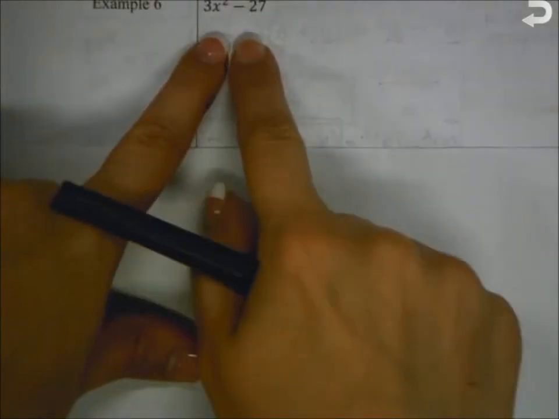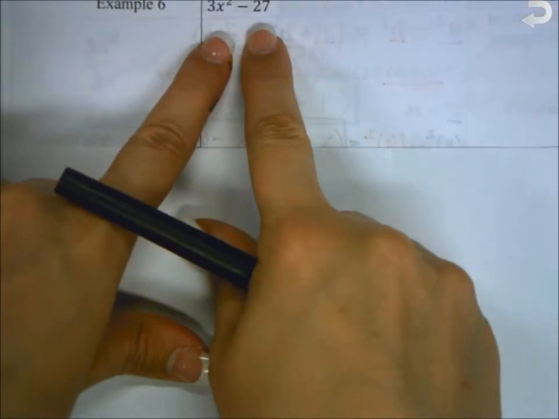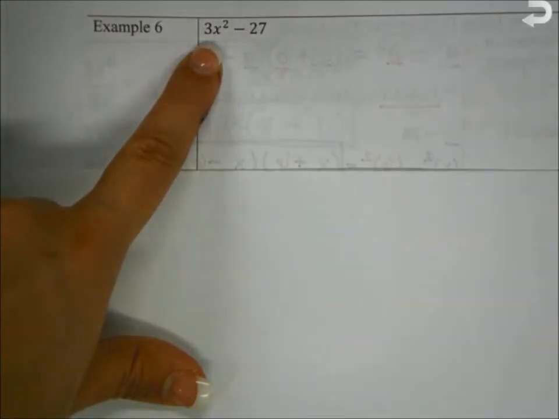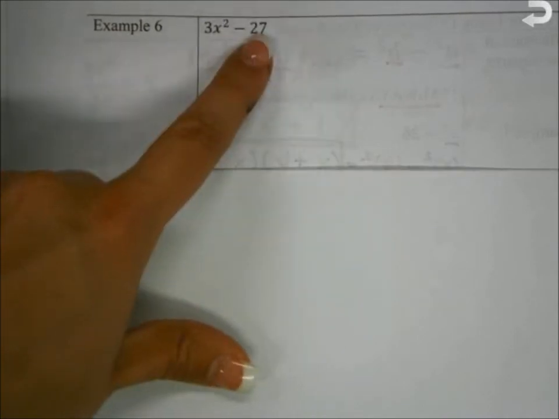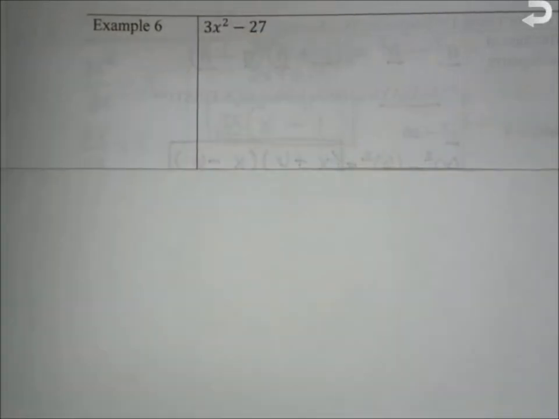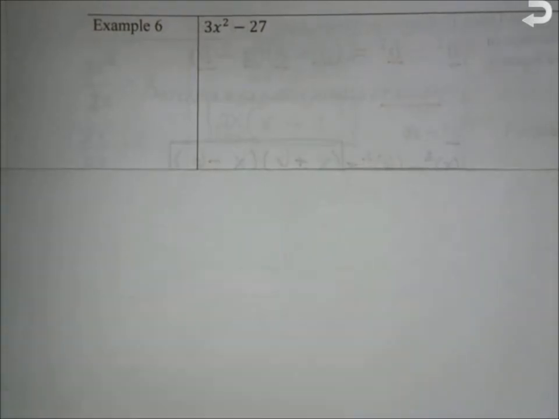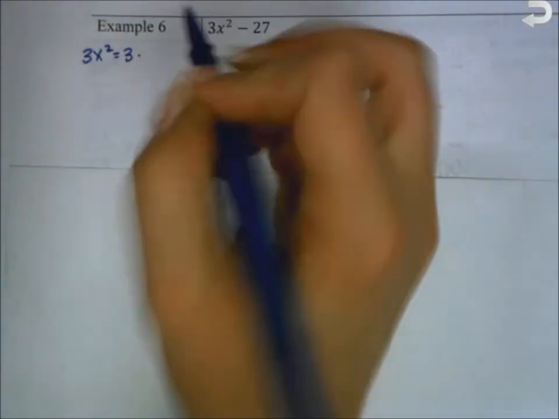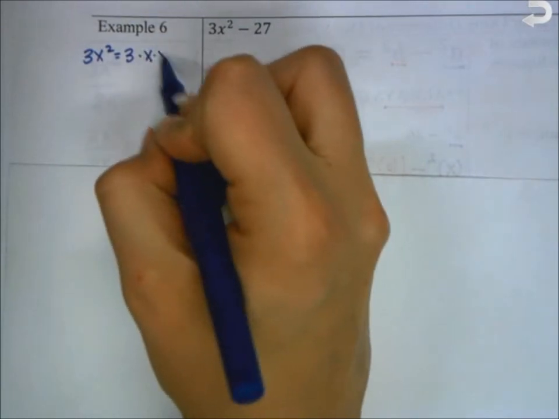Let's find it really quick. 3x squared. How does that break down? 3 times x times x. What about negative 27? How does that break down? Negative 1 times 27.